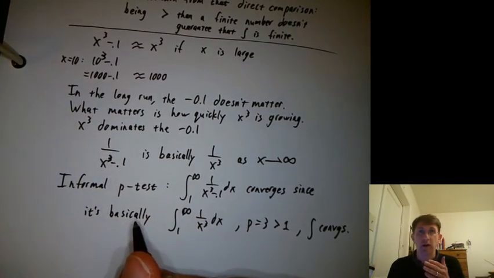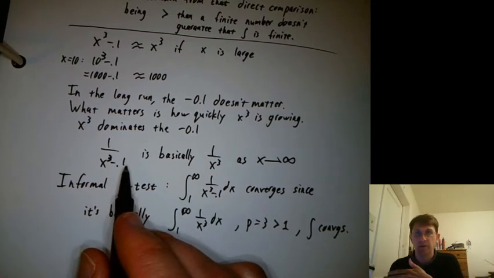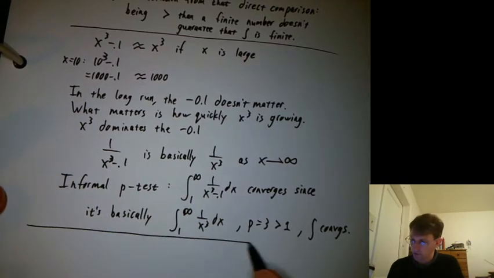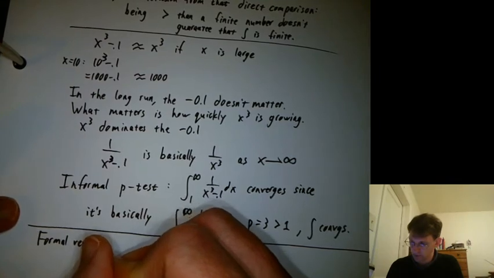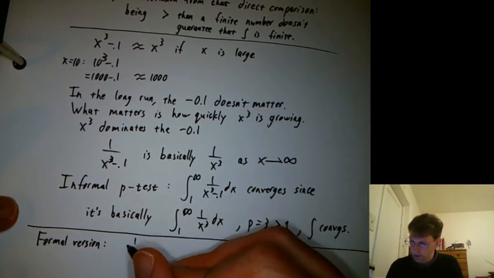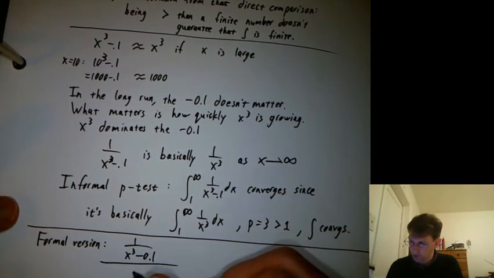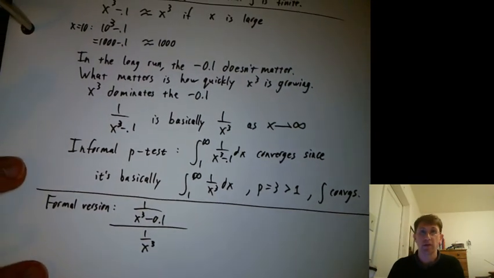You can also do an informal p-test to prove divergence if you had something like 1 over root x plus some other terms that didn't dominate the root x, then you could use the same argument. A more formal version: let's compare 1 over x cubed minus 0.1 with 1 over x cubed. So we're going to take the ratio of those.